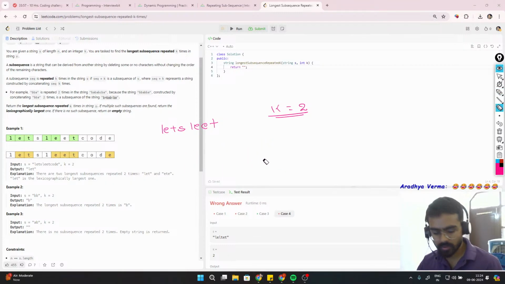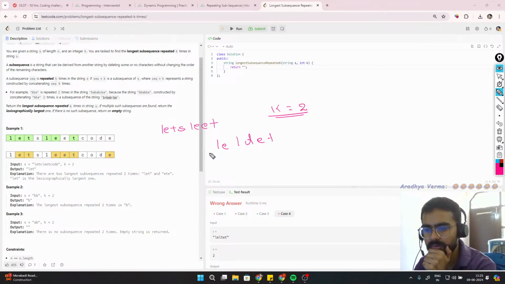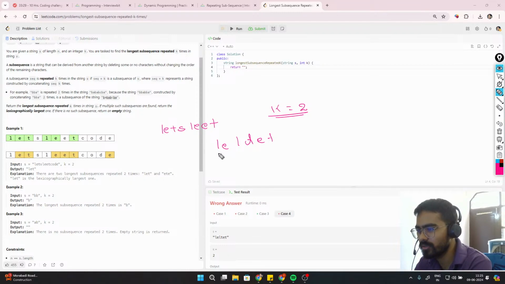So now we can think of some approach. Let's take this only as an example. From wherever my substring is ending, I need to check.